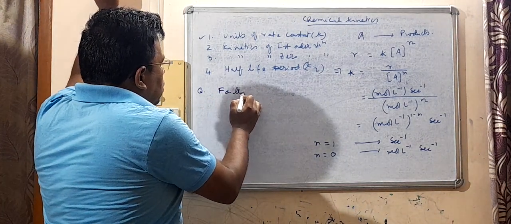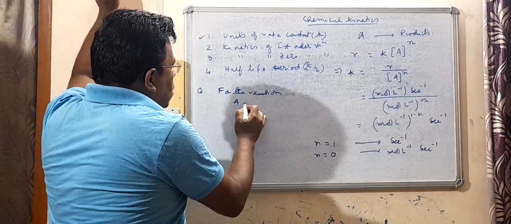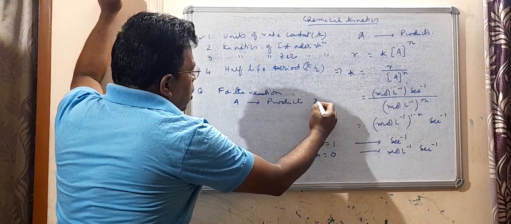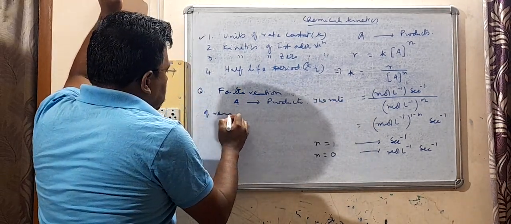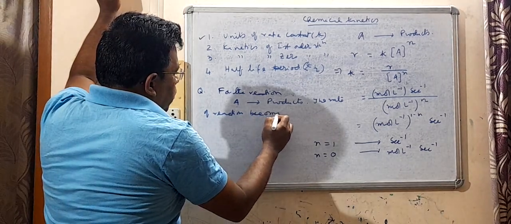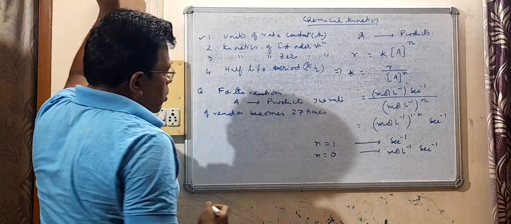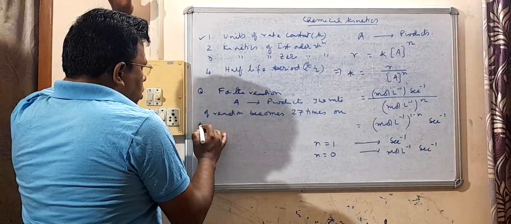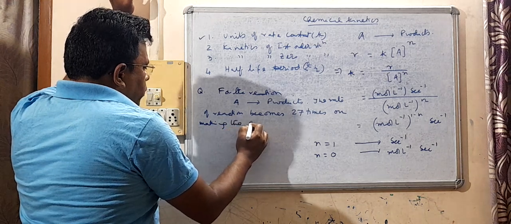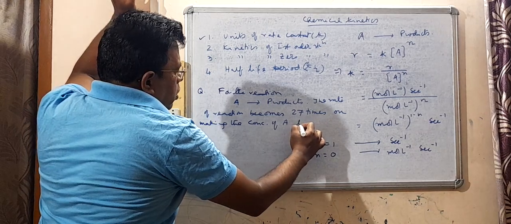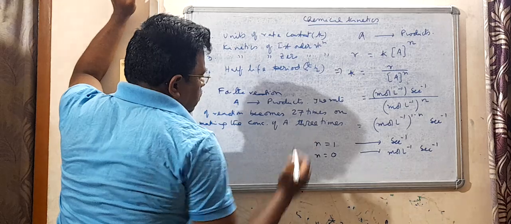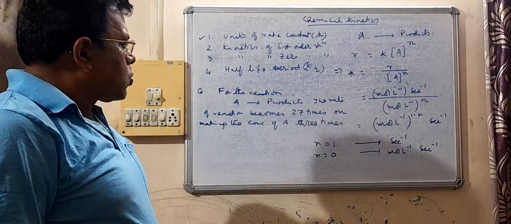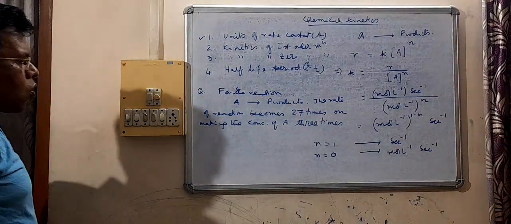Question is, say, for the reaction A → products, the rate of reaction becomes 27 times on making the concentration of A 3 times. So what is the order of the reaction?